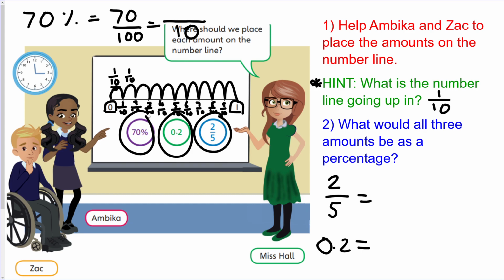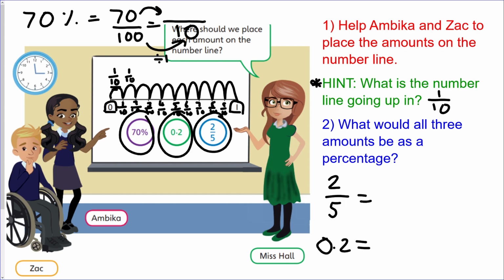Now if we think about what we did yesterday and what we did last week, we should remember a saying here: whatever we do to the bottom, we do to the top. Now most of the time, that would involve multiplying. But if we look at the number 100 and we go into 10, we can see the number has got smaller. And therefore, this time we're going to have to divide. And this is where we think 100 divided by what equals 10.